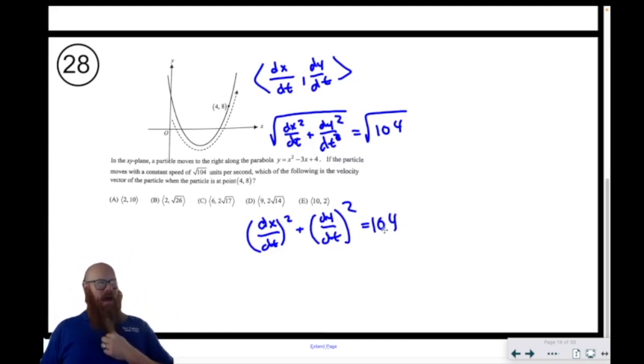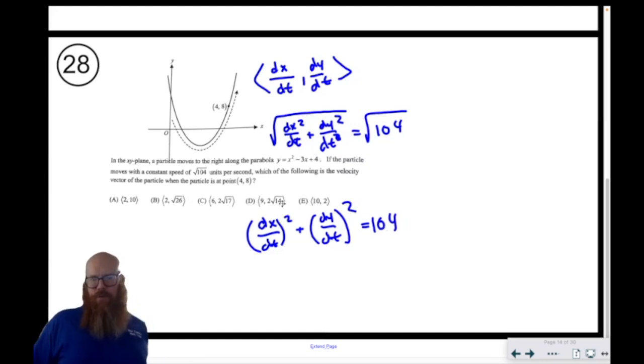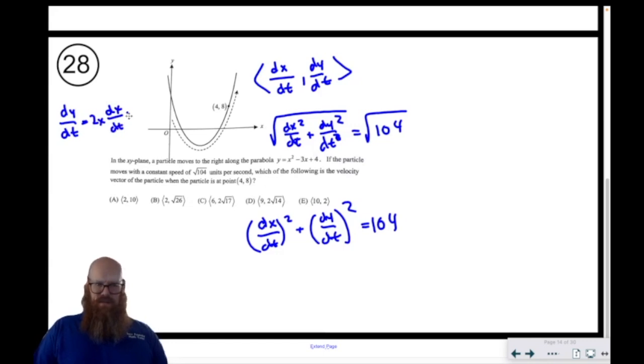All right? And then if we want to get dy/dt in terms of dx/dt, we just take the derivative of this. So I'll go over here. So dy/dt is just 2x dx/dt minus 3 dx/dt. And then we go even further and we say, well, dy/dt at this point, when x is 4, is going to be 8 dx/dt minus 3 dx/dt, which is 5 dx/dt.